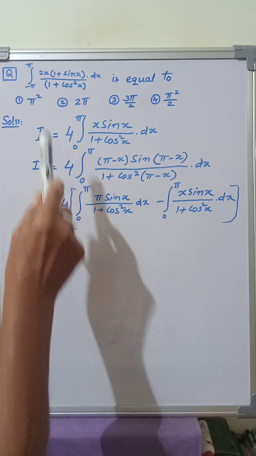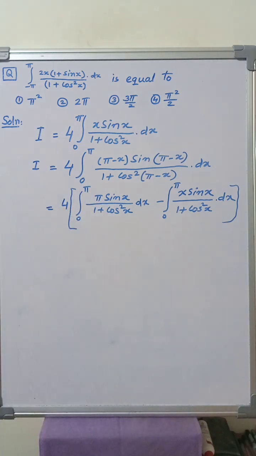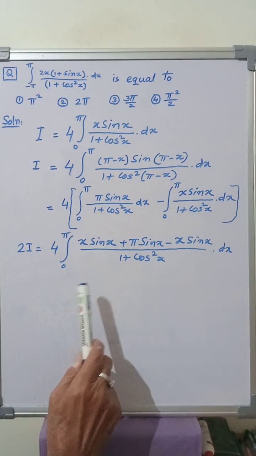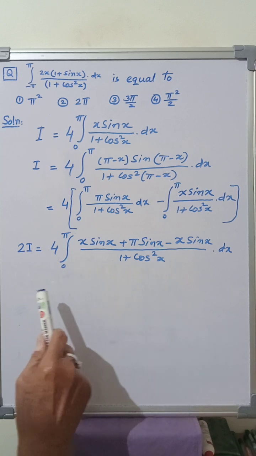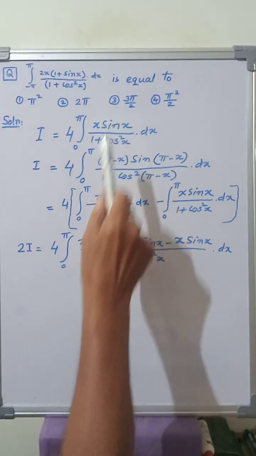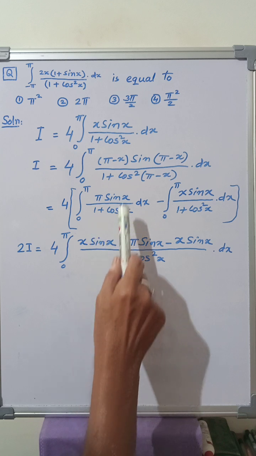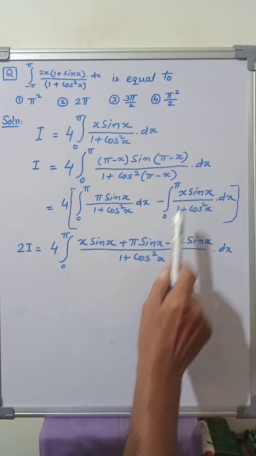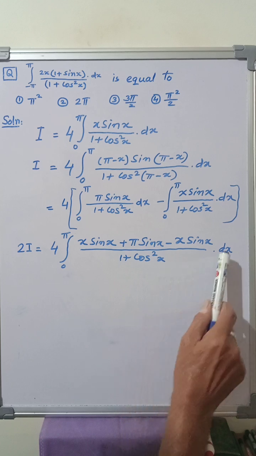Now let us add the two integrals, which will give us the expression for 2I, which gives 2I is equal to 4 into, we have kept 4 outside the total integration, 4 into integral between limits 0 to pi of x sin x by 1 plus cos square x plus pi sin x minus x sin x divided by 1 plus cos square x into dx.